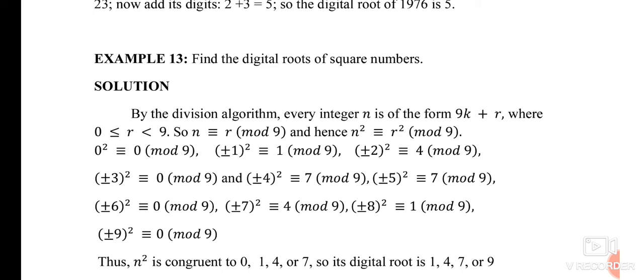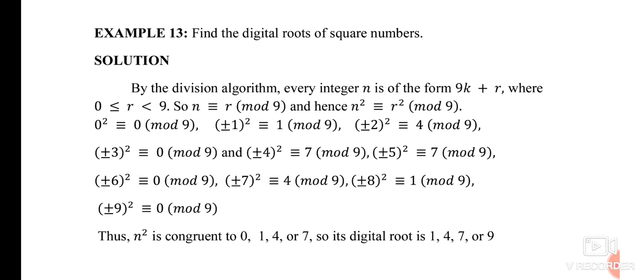The remainder satisfies 0 less than or equal to r less than 9. So the least residue of n is r, so n is congruent to r modulo 9. Hence, squaring both sides, we get n squared congruent to r squared modulo 9.